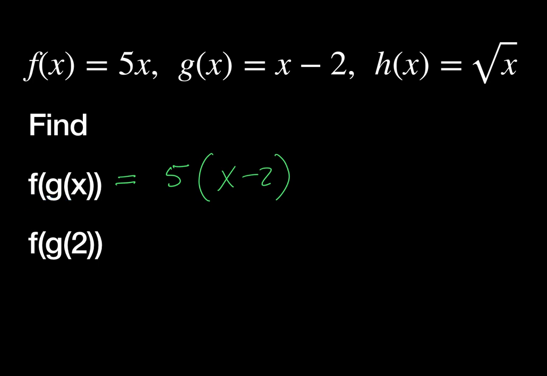Just be careful, that's not what we're talking about, which is a common mistake. So f of x times g of x is something, but it's not what we're doing. It's not the same as f of g of x.